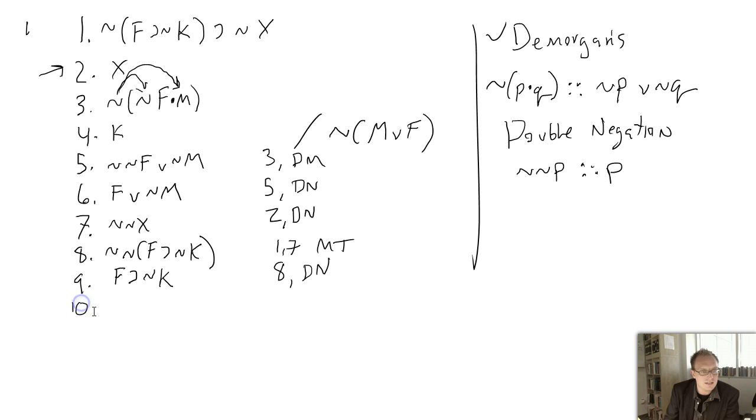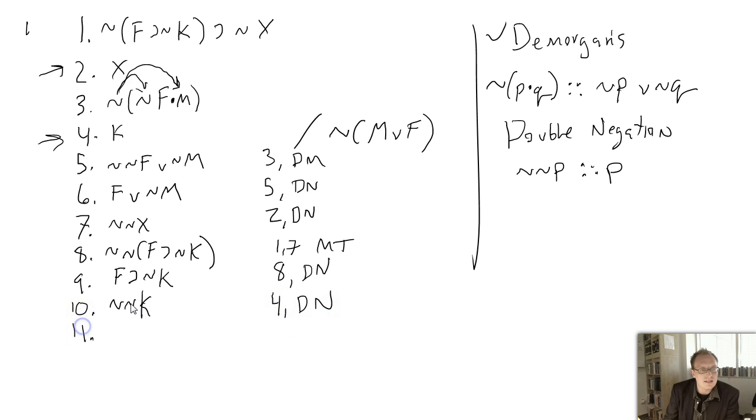So that's line 10. Now notice I have the K. It's the same setup here as the X and the negation. I can use another modus tollens here. So line 10 here is to turn my K into a not not K. And so that's line 4, double negation.